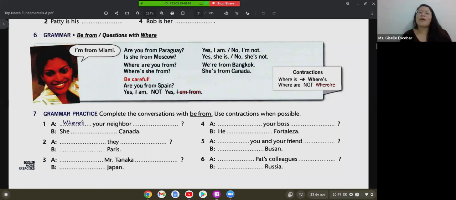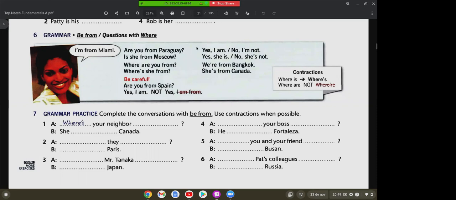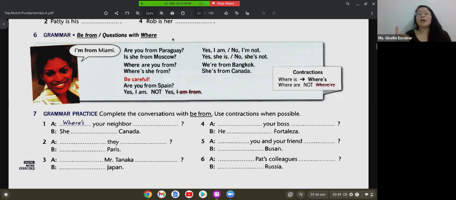Tengan en cuenta que la mayoría del inglés que se estudia en los libros es como un poquito más académico, un poquito más formal. Entonces, si ya están hablando con alguien cuyo idioma nativo es el inglés, lo más probable es que contesten, no, I'm from San Diego, no, I'm from Los Ángeles, ¿sí? Normalmente no elaboran tanto.